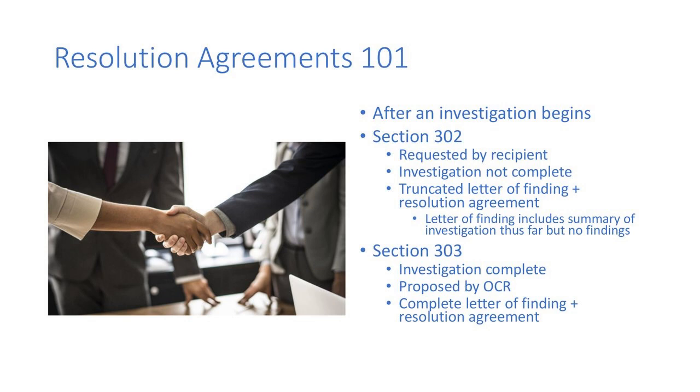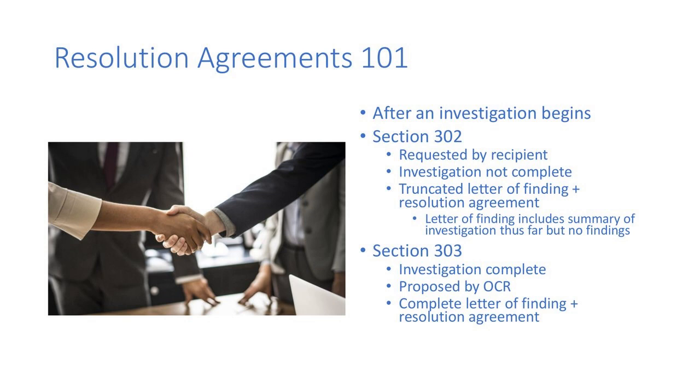Under Section 303, this occurs after the investigation has finished. This occurs if OCR determines that a recipient did fail to comply with a civil rights law that OCR enforces. In this case, OCR contacts the recipient, the school, and will attempt to secure the recipient's willingness to negotiate a voluntary resolution agreement. If the school agrees to resolve the complaint, the school will negotiate and sign a written resolution agreement that describes the remedial actions that the school has to undertake.